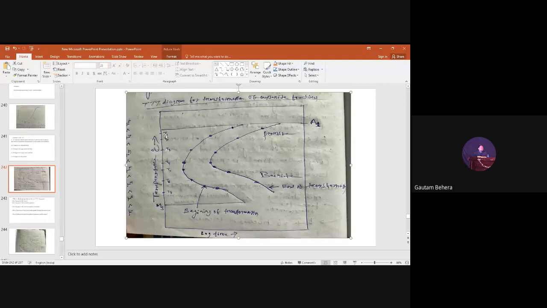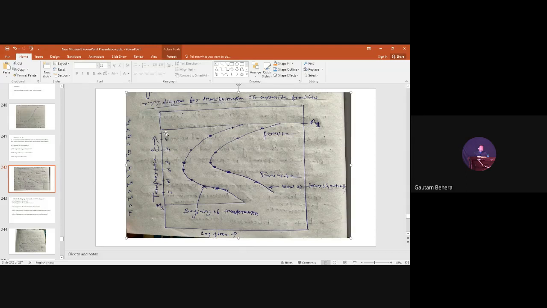Why? In other words, the rate of diffusion is higher because the temperature is higher. The rate of diffusion is exponentially related to the temperature. If you raise the temperature a little bit, the diffusion will increase exponentially. So temperature and diffusion are closely related.